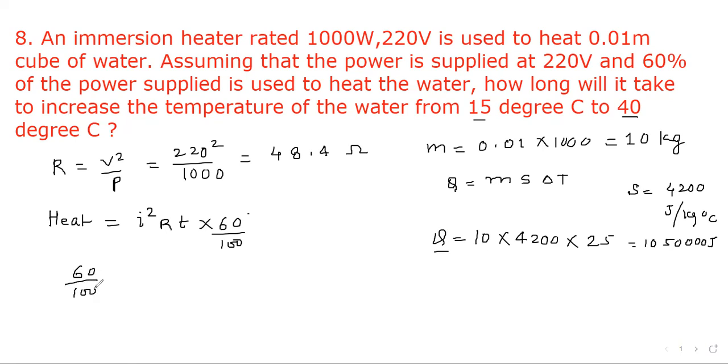So we can write 60 upon 100 into I square R t. That is V upon R is I. So V is 220 and R we have found 48.4.